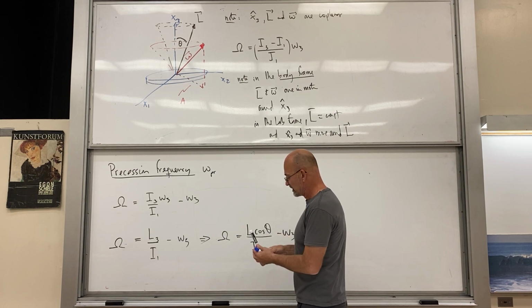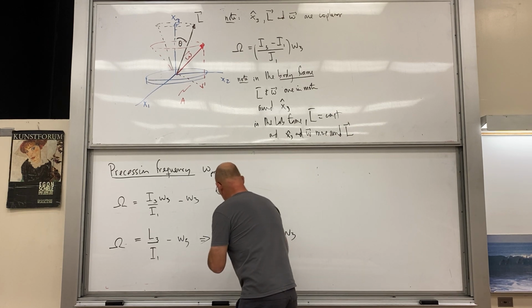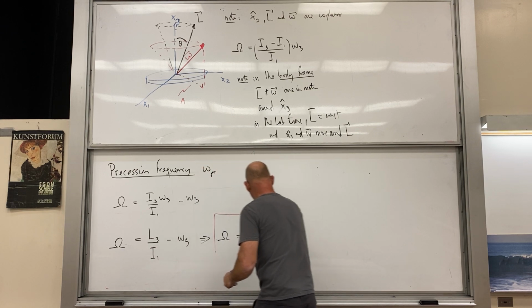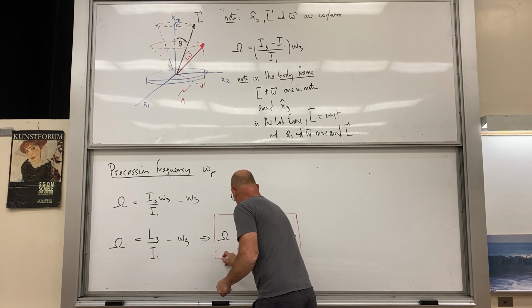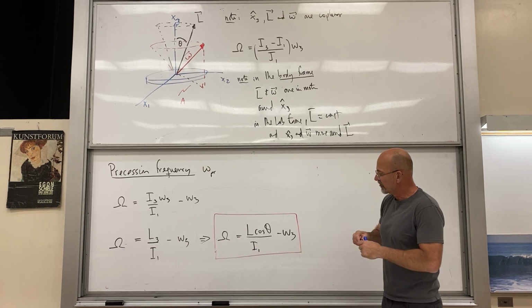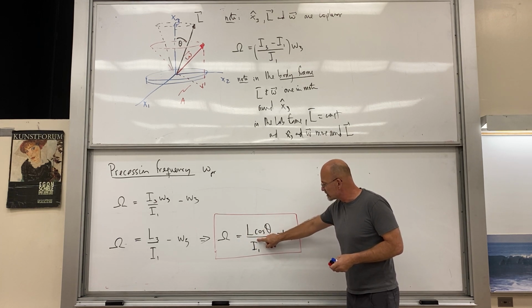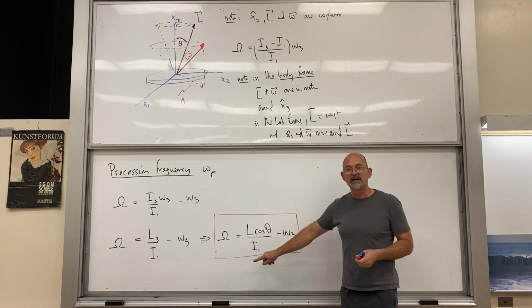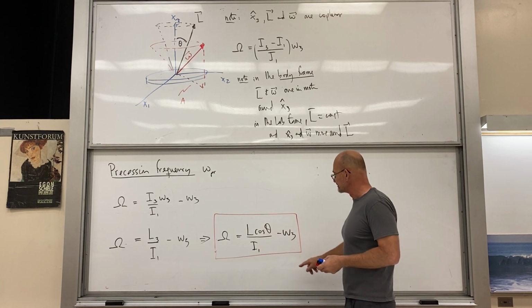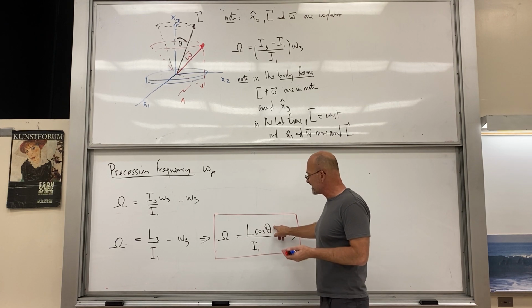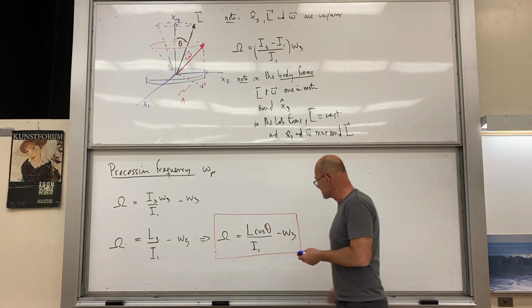So I'm going to hold on to this. Now we have a frequency, and this is also a frequency. L over I sub 1 is a frequency, right? And cosine theta is dimensionless. So those are three frequencies.